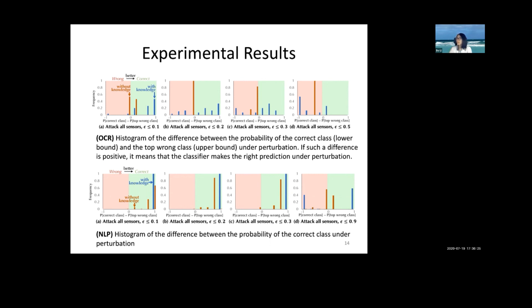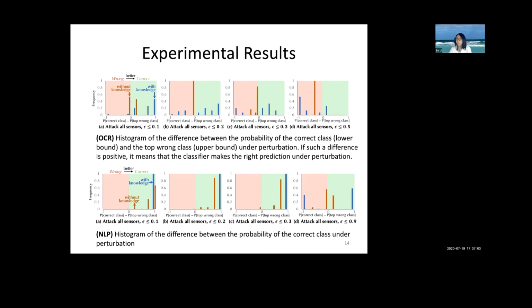And here we see, for example, from the OCR experiment on the left-hand side, the green background shows the correct, the pink one shows incorrect, the blue one shows with knowledge, and the red one shows without knowledge, which is only a single neural network. And we see that with knowledge, when the perturbation magnitude is small, almost all the blue bars are in the green range, meaning they are very confident in predicting the right class.